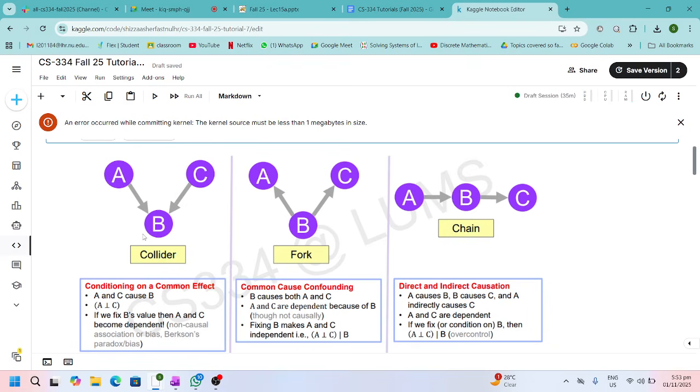After that, the third structure that you have is a collider. In a collider, A and C are common causes of B, such that B is a collider.